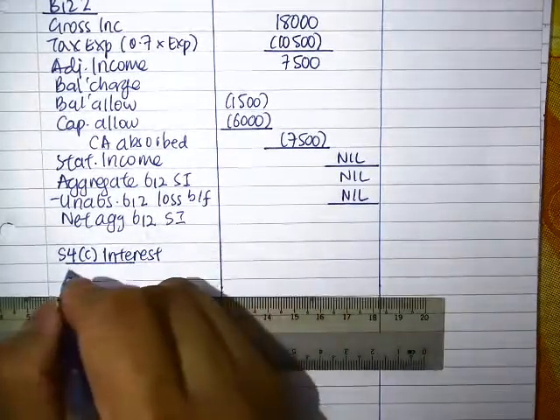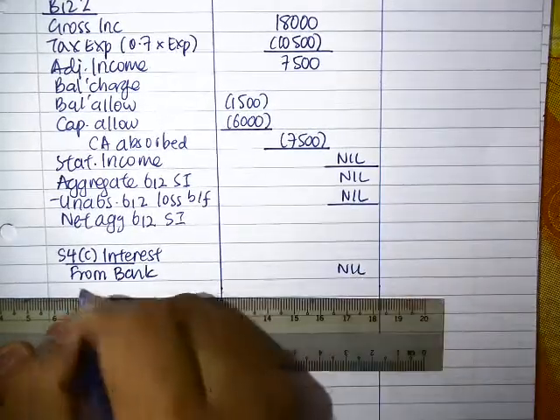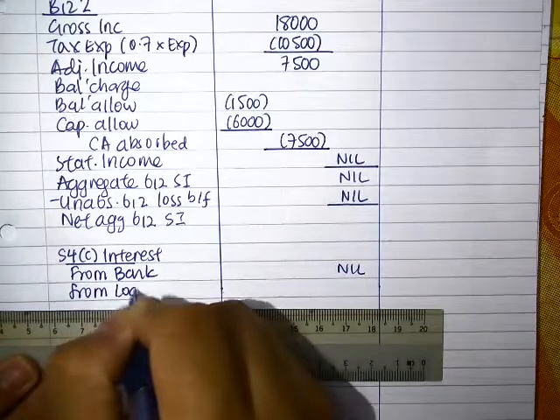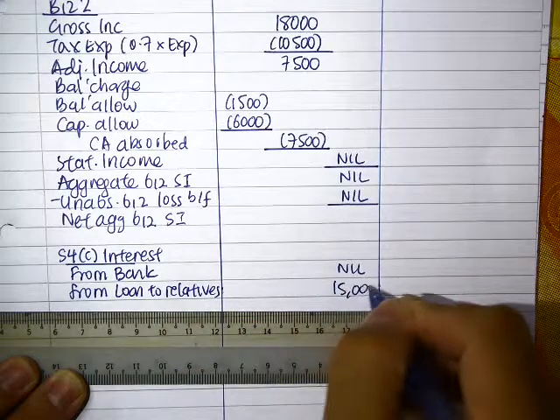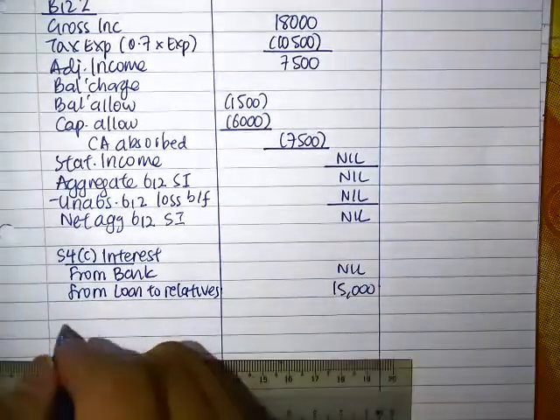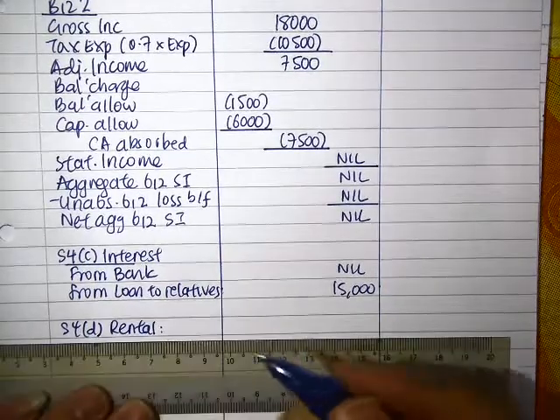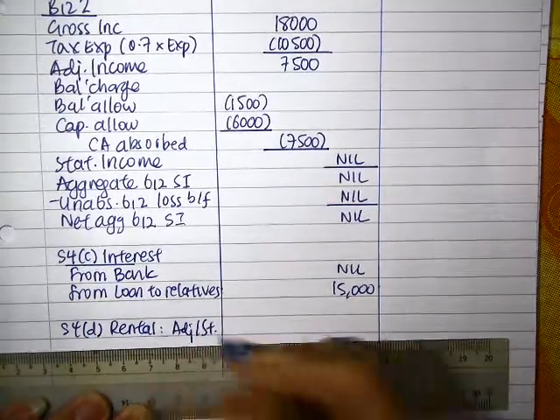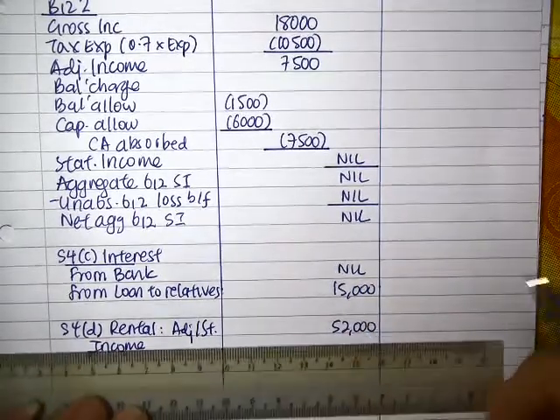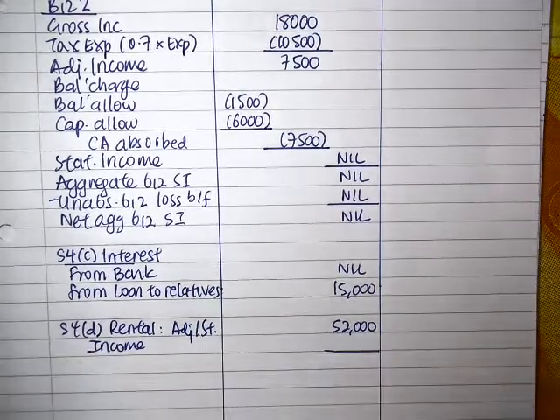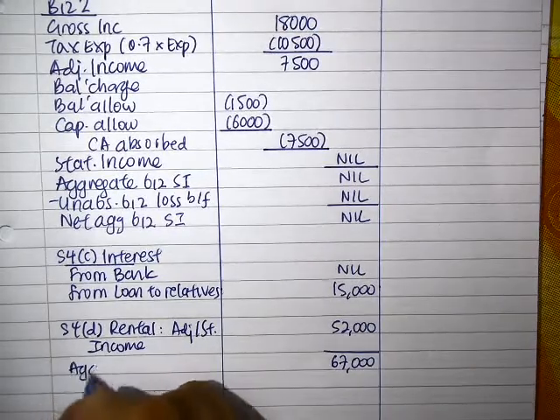There are two sources over here: one from the bank, which is tax exempt, and one from the loan to a relative, which is taxable. Then we have 4D rental, where the adjusted statutory income is given as 52,000. There's no other income, just these two, so 67 is my aggregate.